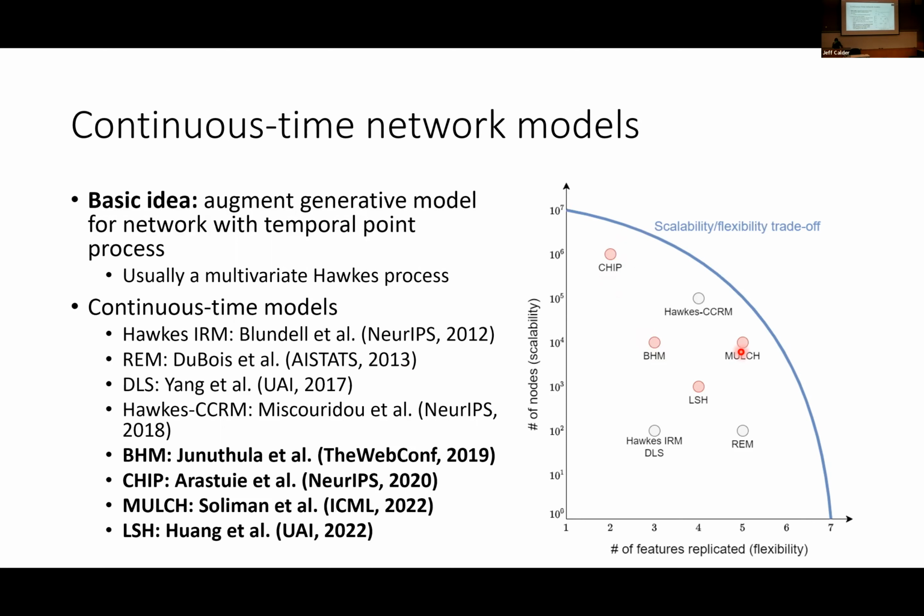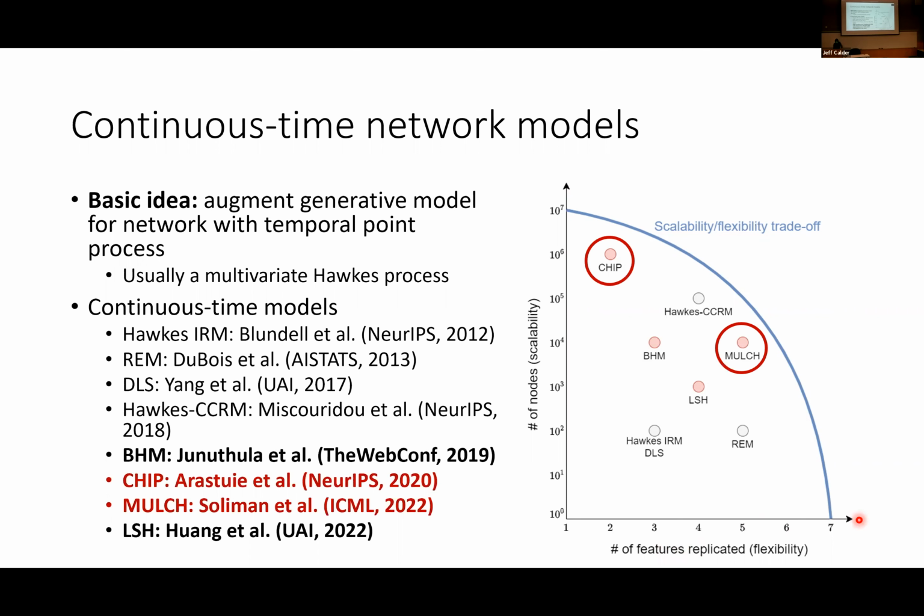I'm comparing these models by scalability and flexibility. Scalability is how big of a network we can scale the estimation procedure to in terms of the number of nodes. You see different models range from hundreds to, let's say, millions. And then I have what I'm calling the flexibility, the number of properties that you can replicate from your networks.